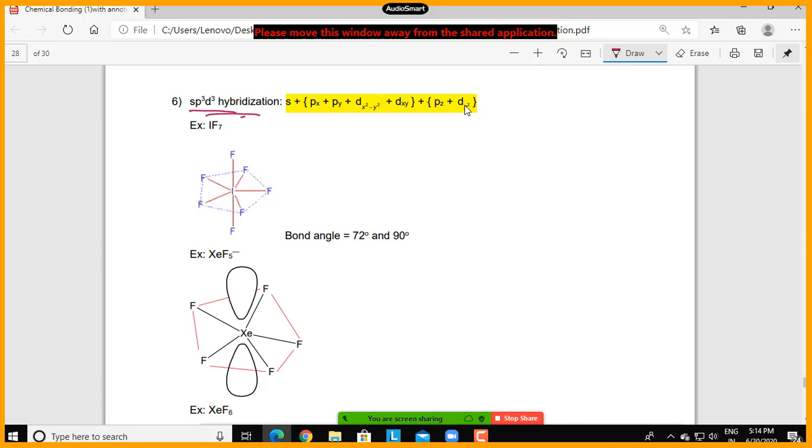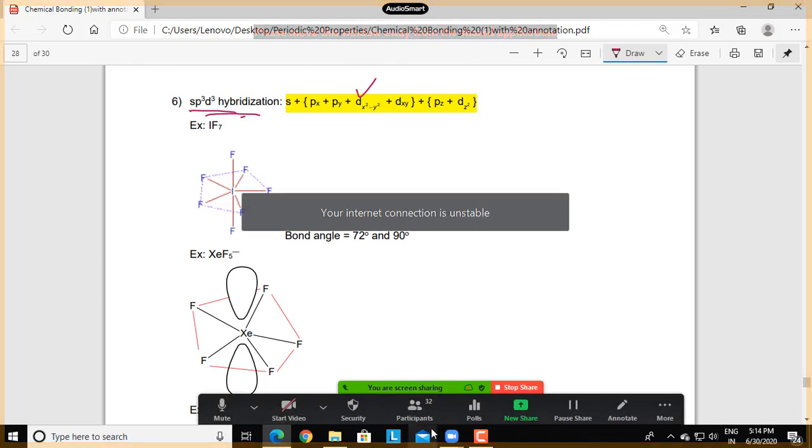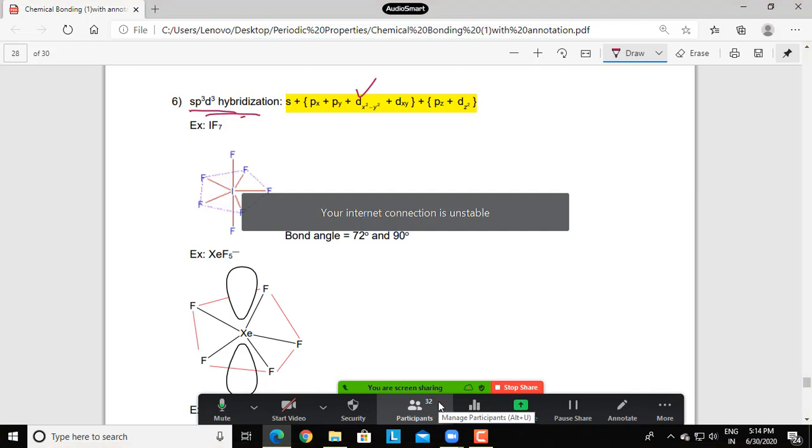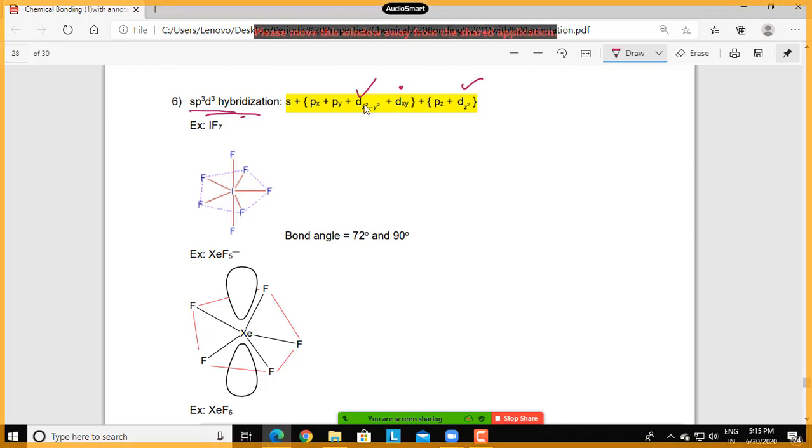So if you take all these three, then you need to take dx²-y², dz², and dxy. Remember, if you take these three, then only sp3d3 hybridization. Previously, you took dx²-y² and dz². Now, one more d you have to take. That only you have to take, dxy.